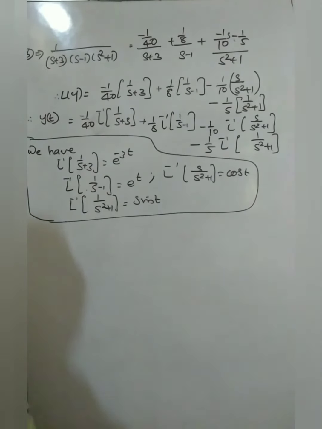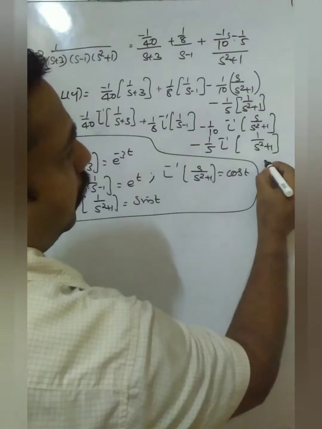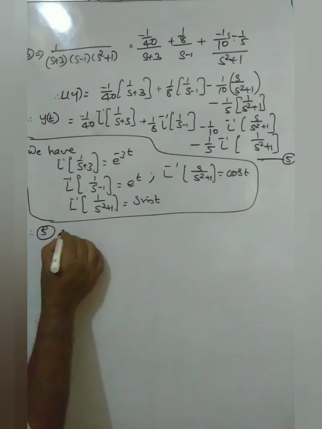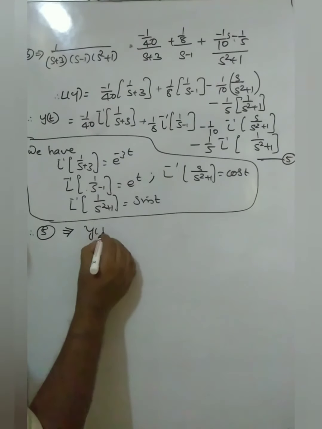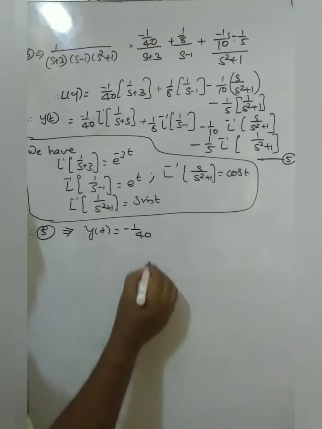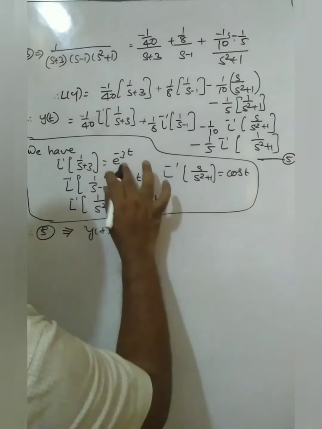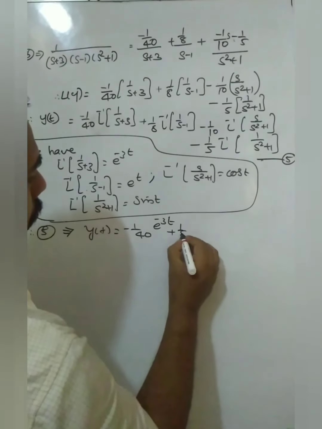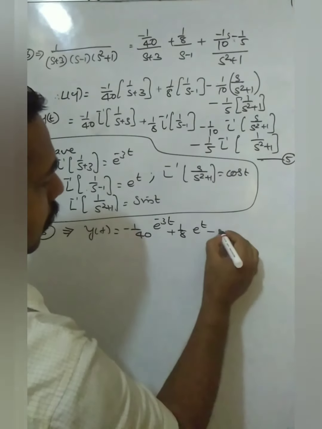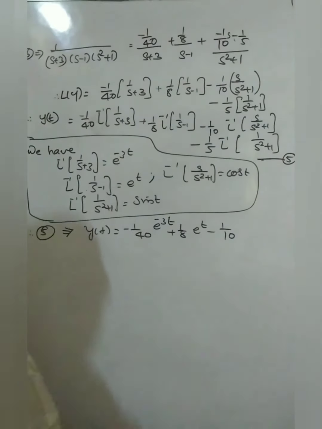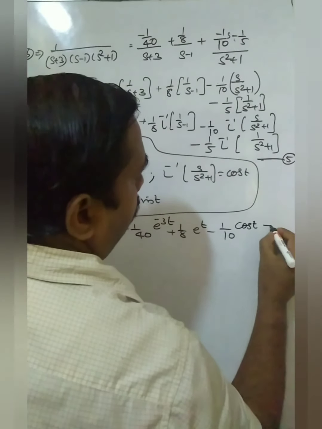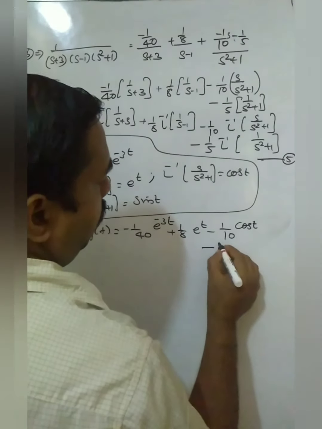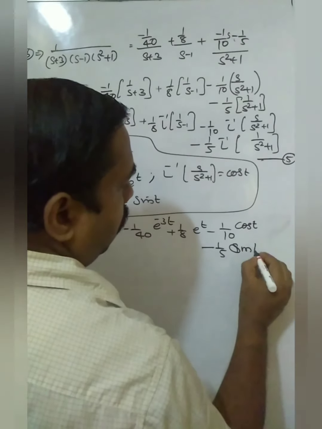So this is equation number 5. Therefore 5 implies y of t equal to minus 1 by 40 into e raised to minus 3t, plus 1 by 8 into e raised to t, minus 1 by 10 into cos t, minus 1 by 5 into sin t.